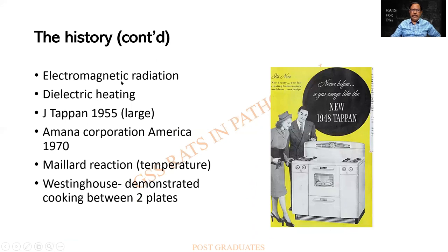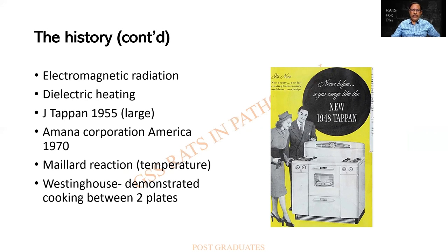It is basically based on electromagnetic radiation, dielectric heating, with which, as I had mentioned, various gadgets were progressively created. Tappan in 1955 was the person who designed it first, but it happened to be too large to be accommodated in any room.